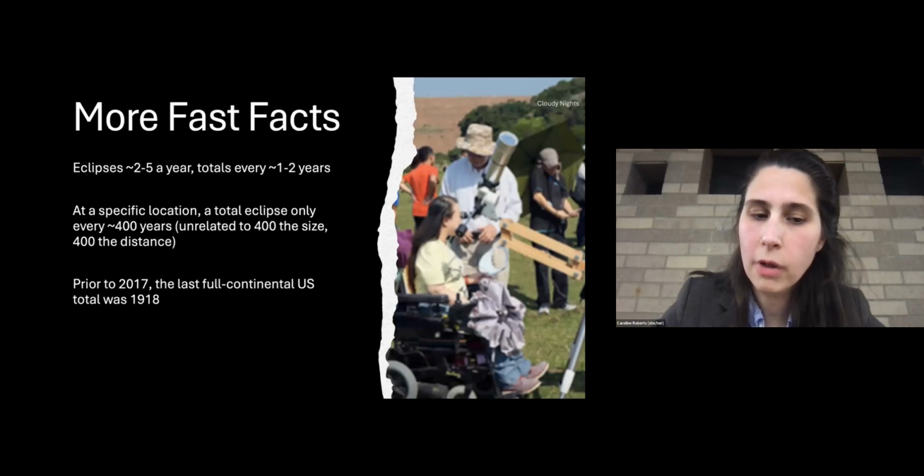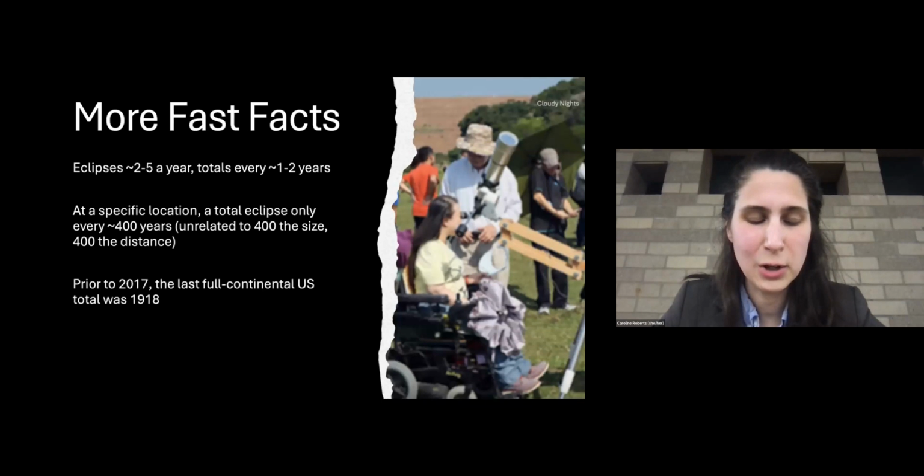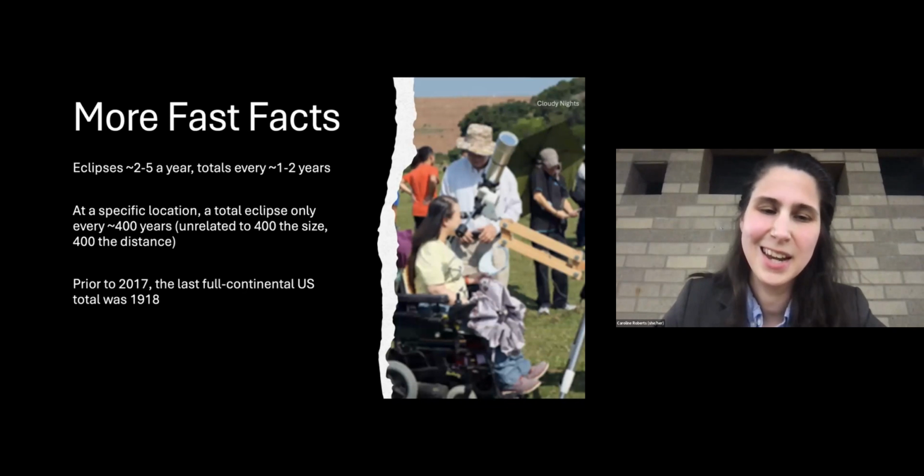But before that, the last total solar eclipse that stretched across all of North America was in 1918. So I feel pretty grateful that we'll have another great North American eclipse in just 20 years. And I'm really looking forward to the one on April 8th.